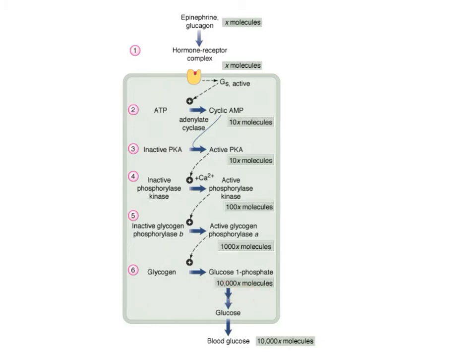The reason is that various enzymes are involved, and because each enzyme can convert a number of substrate molecules into a number of product molecules, the signal gets amplified every time another enzyme is activated. This results in an amplification of the signal. So one signal molecule, the first messenger, can result in a large amount of product being produced inside the cell. In this case, glucose.